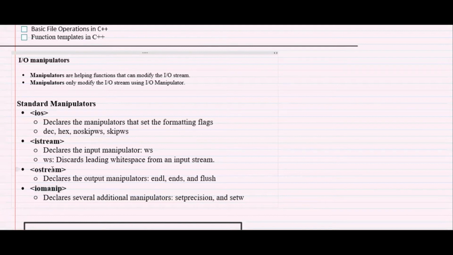Let's talk about ostream. In that class we have three very popular functions. Let's say we have used endl, we use ends. This would append the null character in your stream. Flush will flush the stream from the buffer.